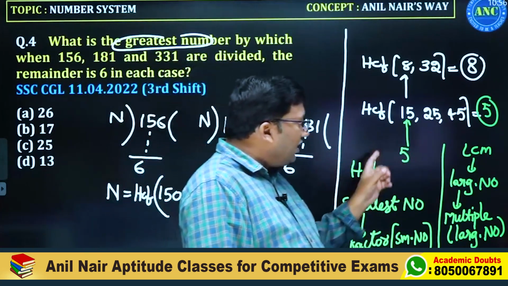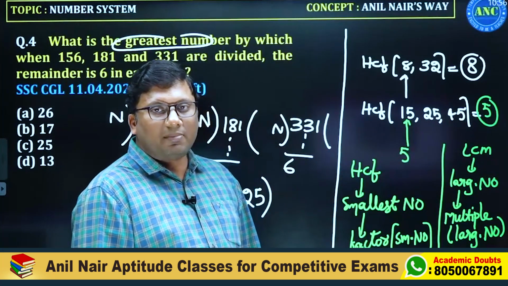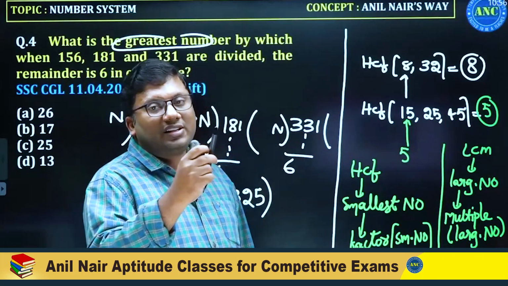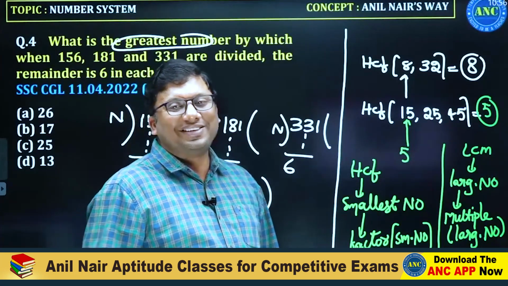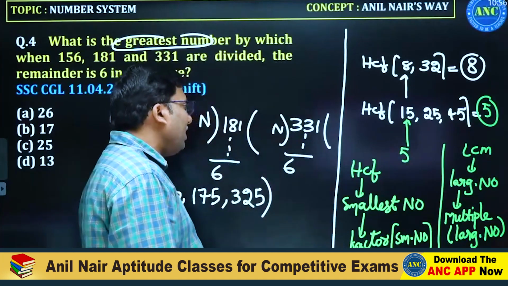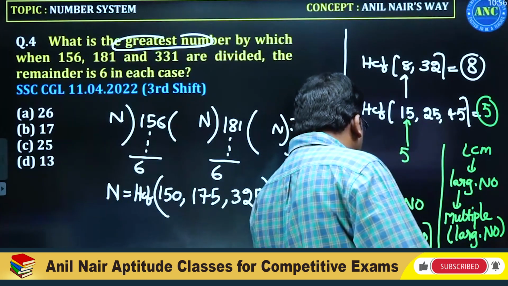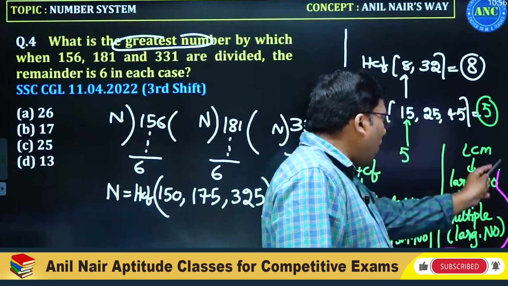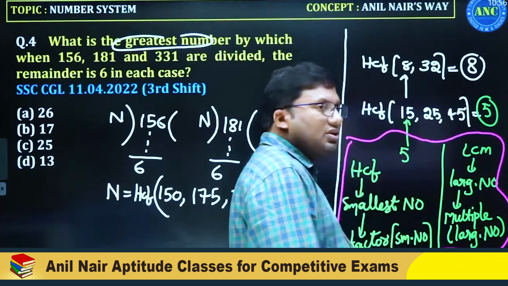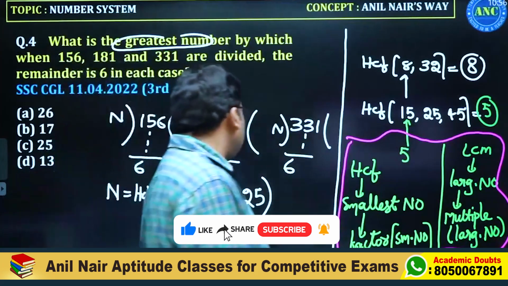If it is LCM, you will check the largest number. If the largest number is a multiple of every other number, the largest number is the answer. If not, you will take a multiple of the largest number. This is the basic idea, please make a note of it, sir. All questions given in exams are conceptual questions. You should be very good in concepts.